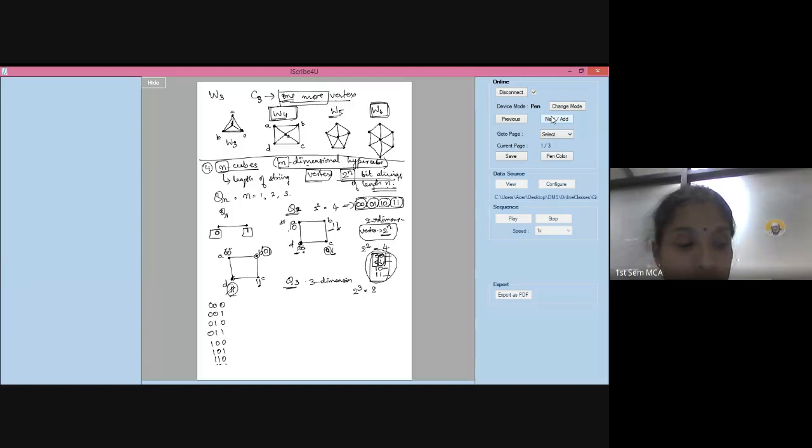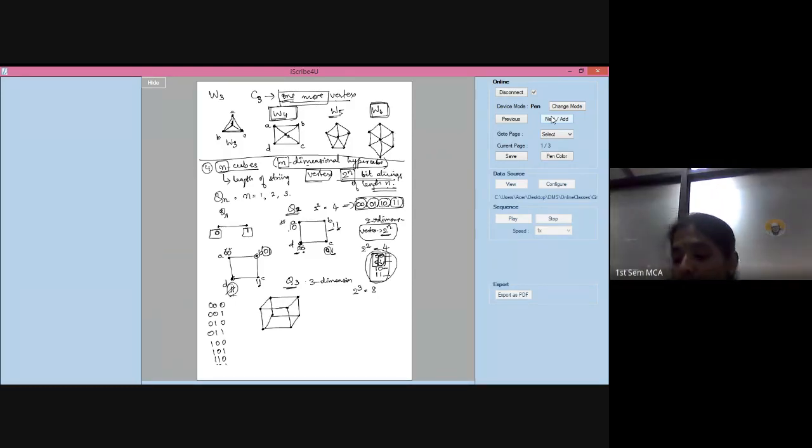Let me put a three-dimensional cube first. This is a three-dimensional cube.